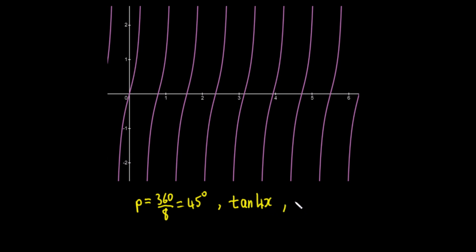So therefore we could say that 4x is equal to 180 degrees. So we can say that x is equal to 180 divided by the 4, which is equal to 45 degrees.